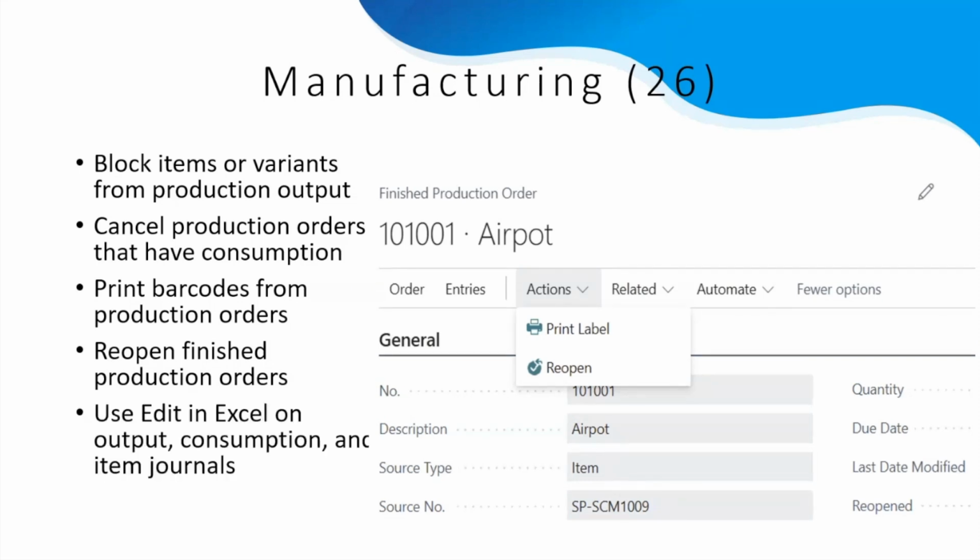And then lastly, in manufacturing, you now have the ability to do your item journals, your output, and your consumption in an edit in Excel way. So it's easier to enter data faster and update any of these consumption journals, item journals or output journals that you would need to post.